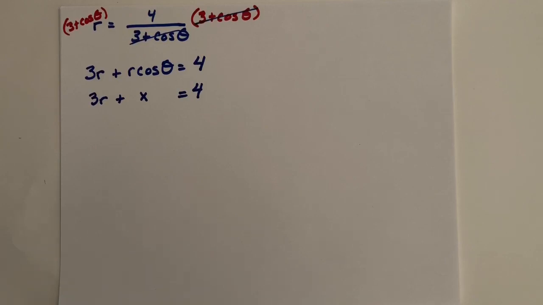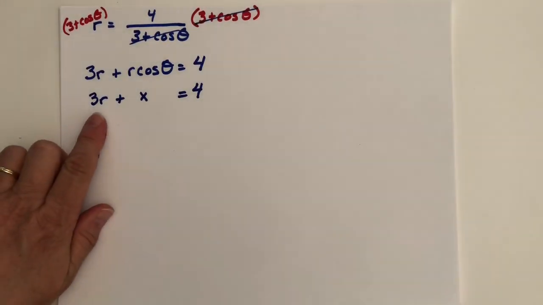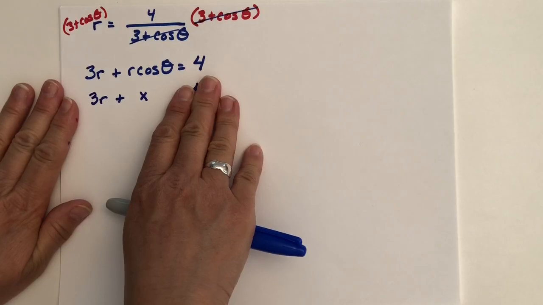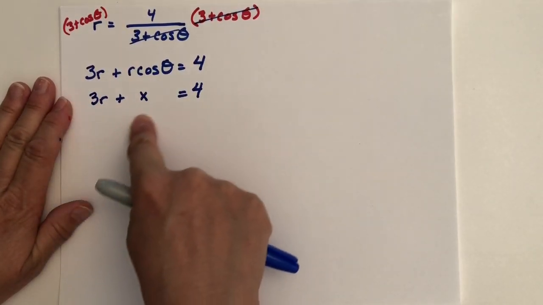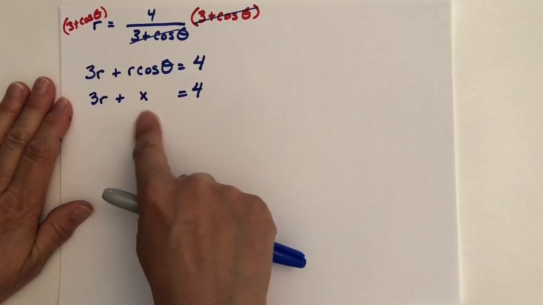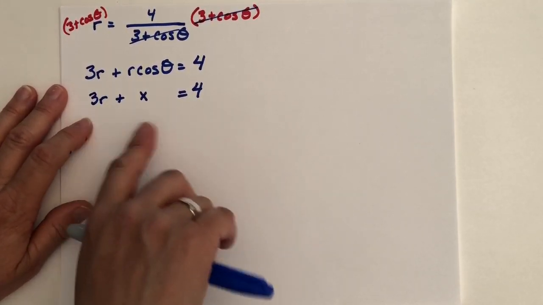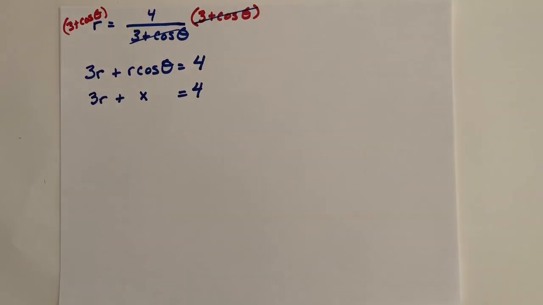Again, much like the previous problem, I don't have a nice substitution for r, but I wish I had an r squared. And I don't want to square both sides as it looks right now because I would have to square this binomial. And if you squared this binomial, it wouldn't look so nice. You'd have an r squared and an r in it.